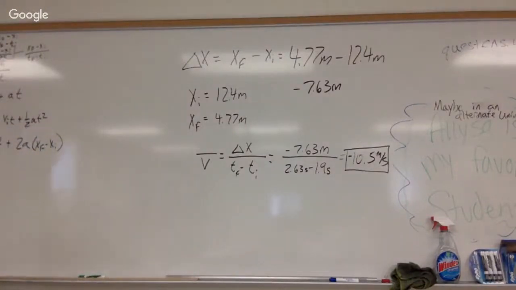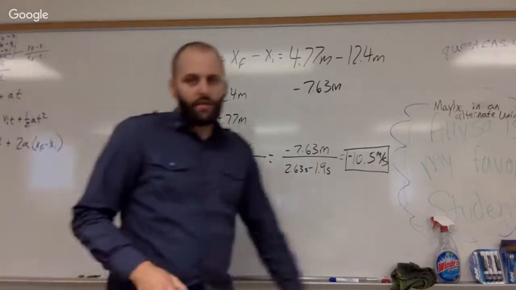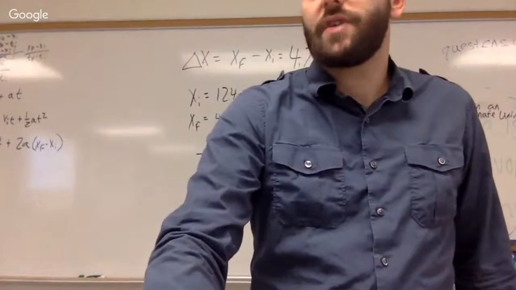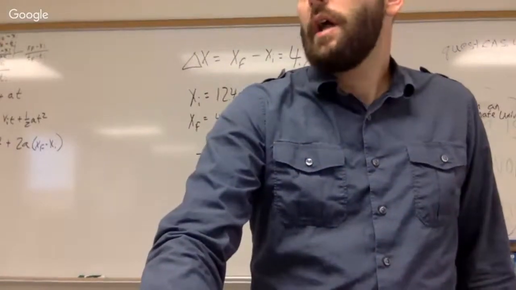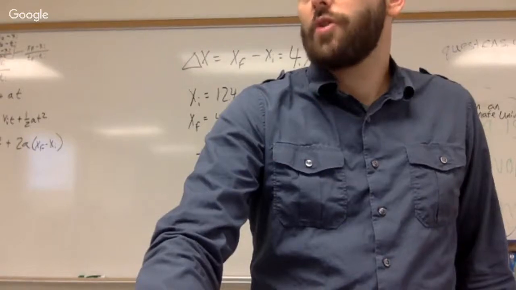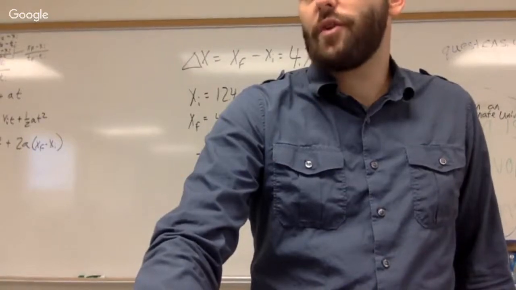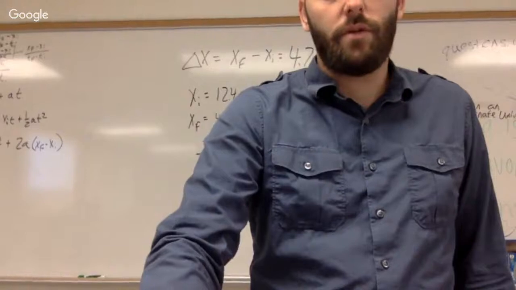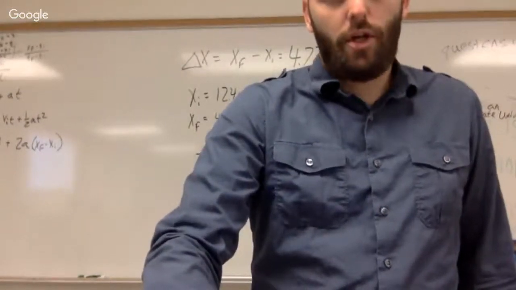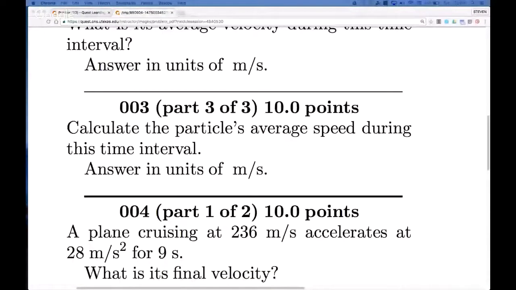Okay, the last one of this set, when you're looking at your homework, or I'm sorry, the test review, I'll keep saying that, I don't mean to. Average speed. Calculate the particle's average speed during this time interval. So, speed is pretty simple. We just found the velocity.